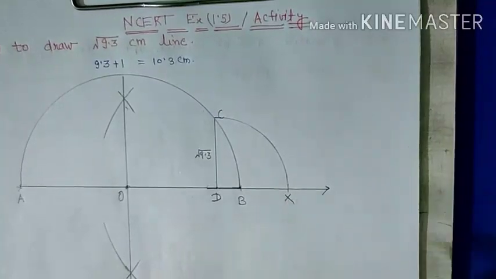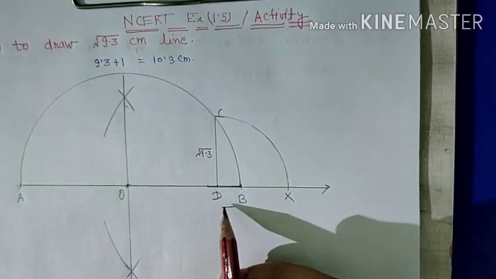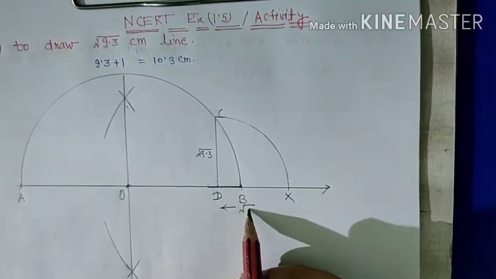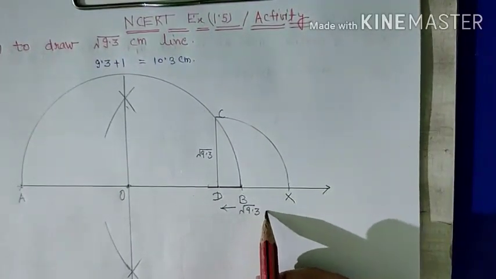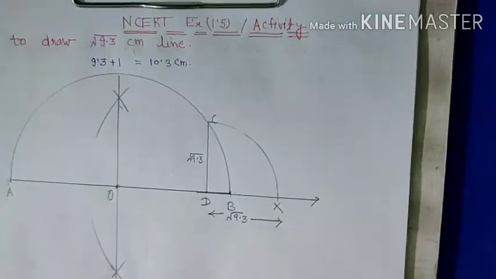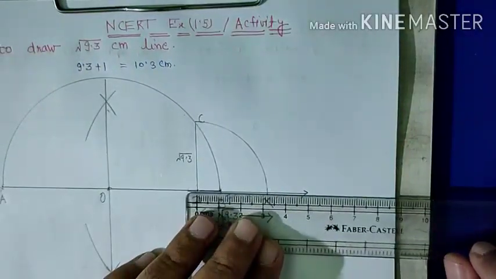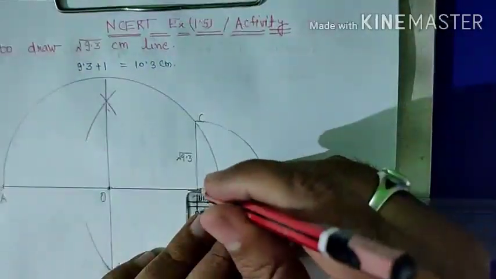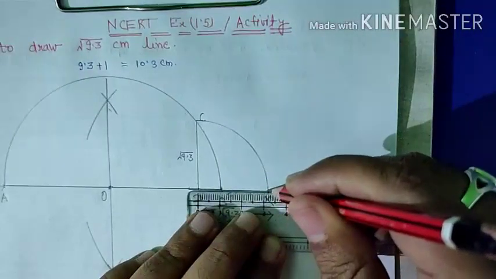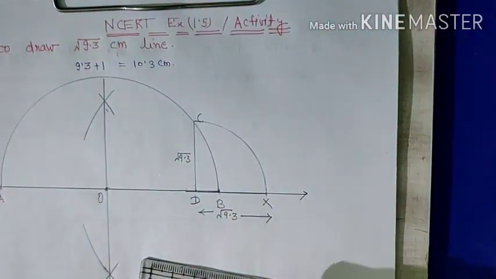This point you can say X. So DX is also 9.3. So this way you can draw a line of root 9.3. This is the required length.